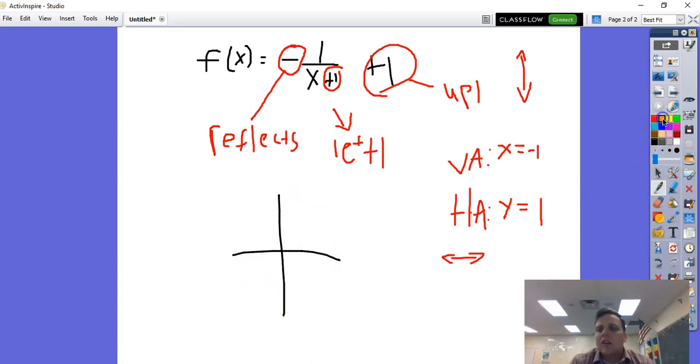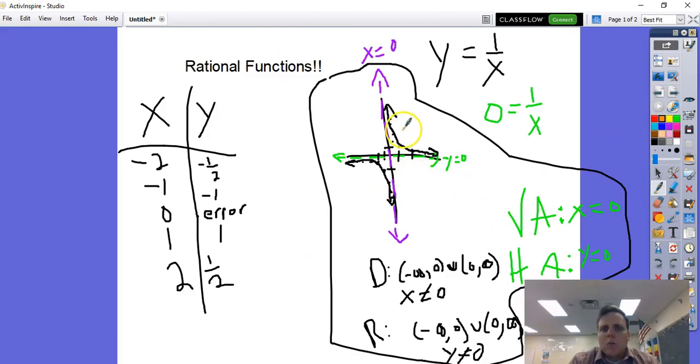Now with that information, you actually don't need to do a whole lot else. First thing, graph your vertical and horizontal asymptotes. So I have a horizontal asymptote at y equals 1. Then I have a vertical asymptote at x equals negative 1. Sorry, mine looks so bad. Okay. Now, where were the curves in 1 over x?